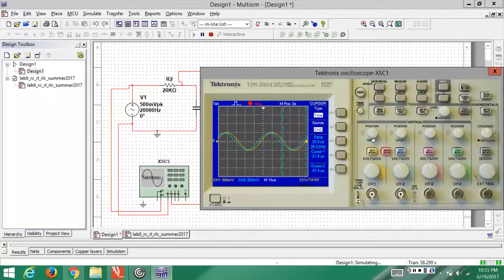I'm going to move the first cursor again to where I think it intersects the x-axis. Yeah, so the time reading where it intersects the x-axis, that cursor 1 reading is 18.9 microseconds.